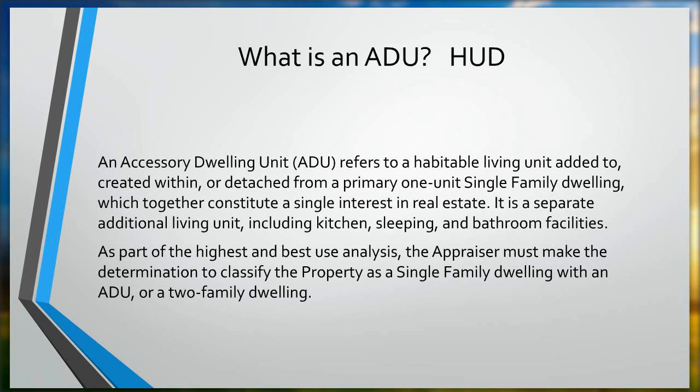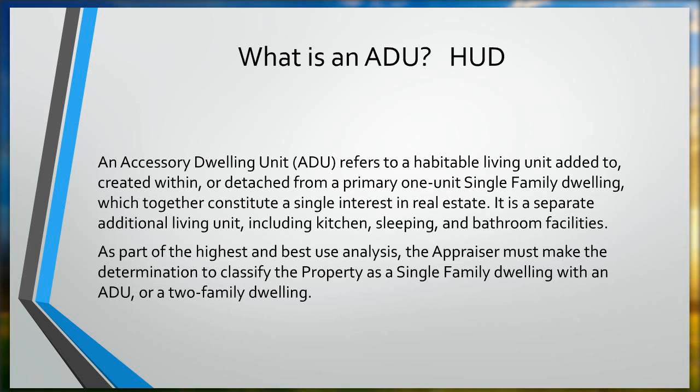Now, that's a pretty wide definition and differs from Fannie Mae a little bit, just in that HUD recognizes an accessory dwelling unit as being within a single-family dwelling, meaning that there's access between the accessory dwelling unit and the main living area without having to go outside. And as part of the highest and best use analysis, the appraiser must make a determination to classify the property as a single-family dwelling with an accessory dwelling unit or a two-family dwelling. So that's part of your analysis as the appraiser.